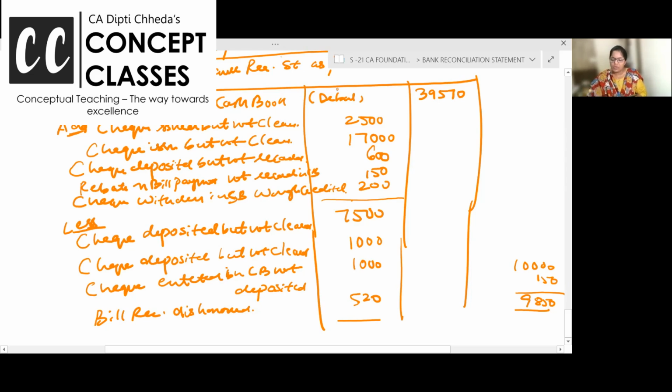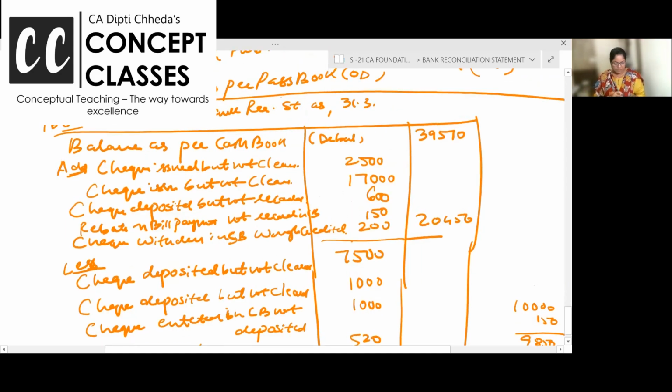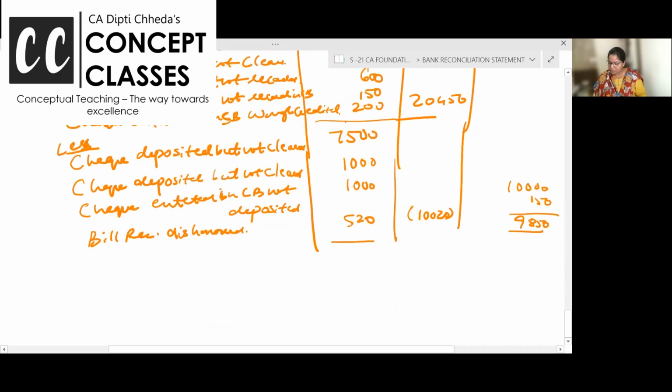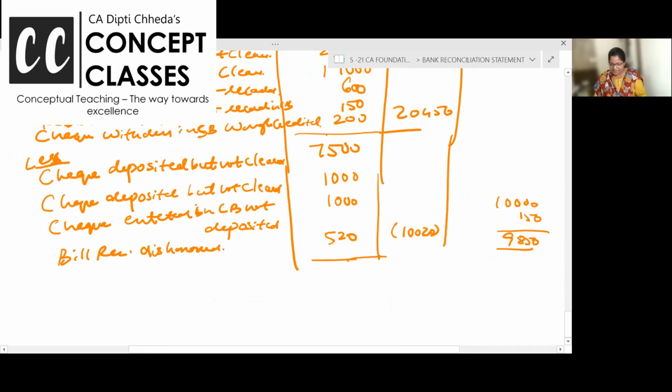How much is the total of the add you all are getting? I hope all of you are also doing the totals. And less. Balance we started as per cash book. Now what is the balance?